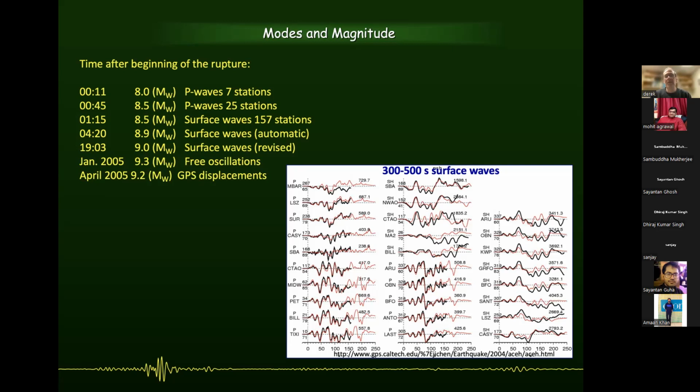So this shows you, one, that magnitude for large earthquakes actually takes a complicated procedure to get accurately, and we'll talk about that in a couple of days. But the free oscillations are important in terms of calculating the magnitude of the largest earthquakes.